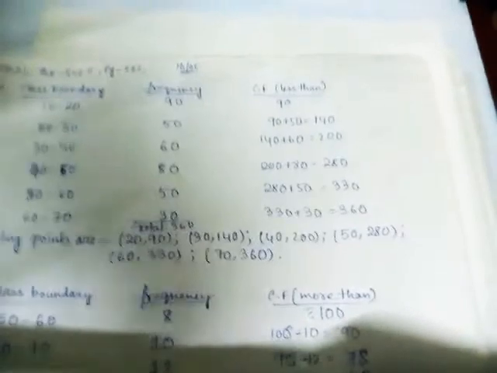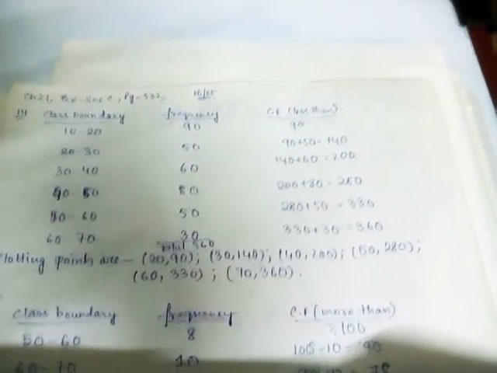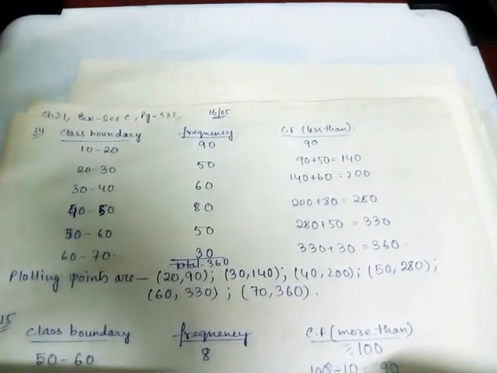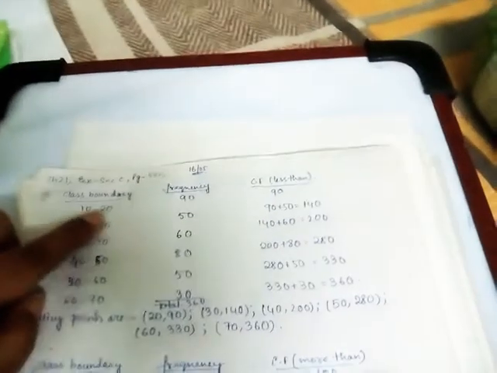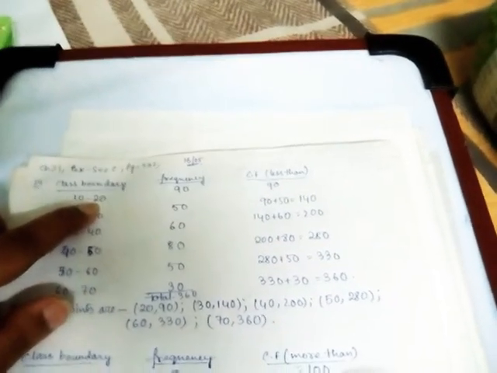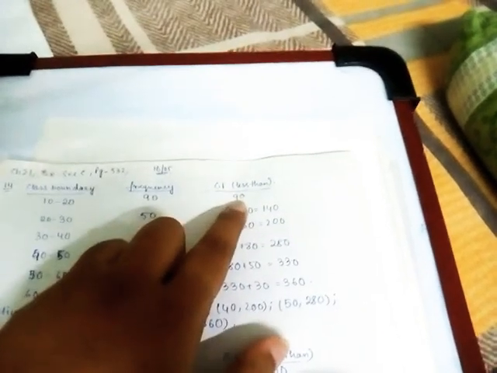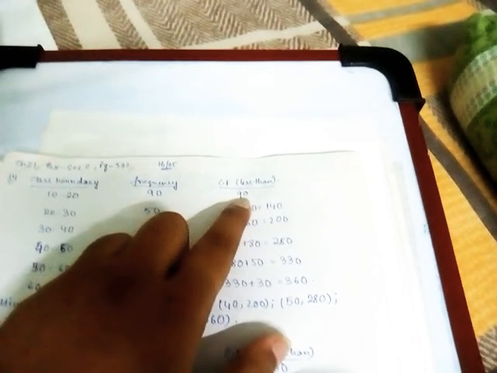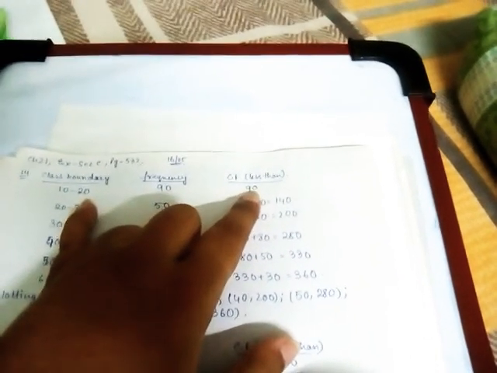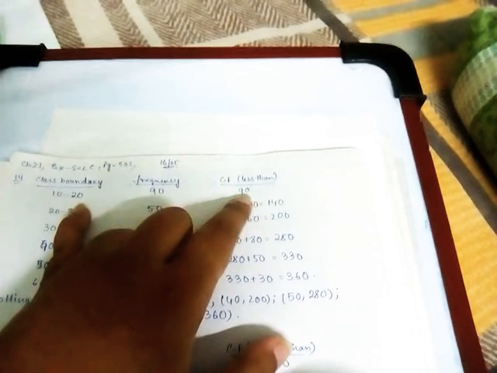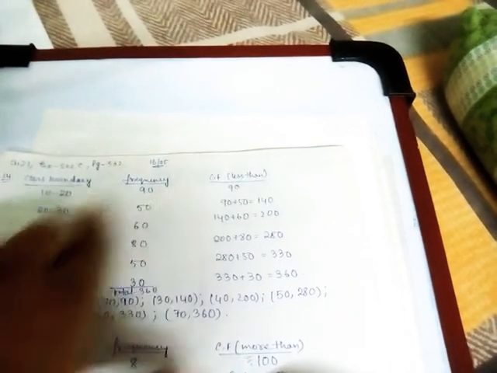Here in the copy I will find it on the less than basis. The plotting point should be the upper value of each boundary limit and the cumulative frequency. The x point represents the upper limit and y represents the cumulative frequency. The points are 20, 90, then 30, 140, then 40, 200, like this.